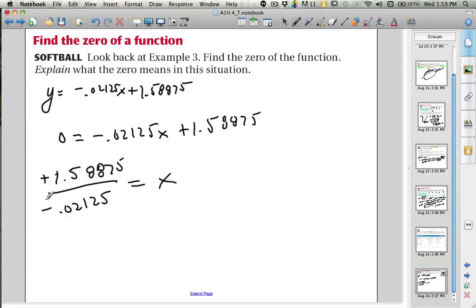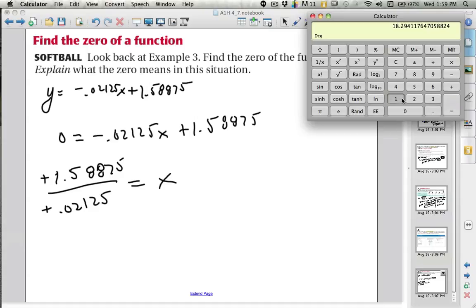Now I know when I divide a negative by a negative, it's going to be positive. If I go back to my calculator and take 1.58875 divided by 0.02125, it equals 74.76.